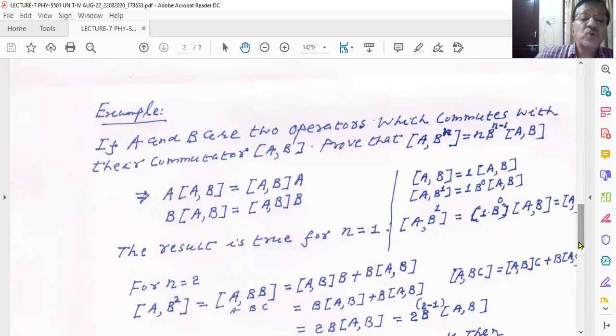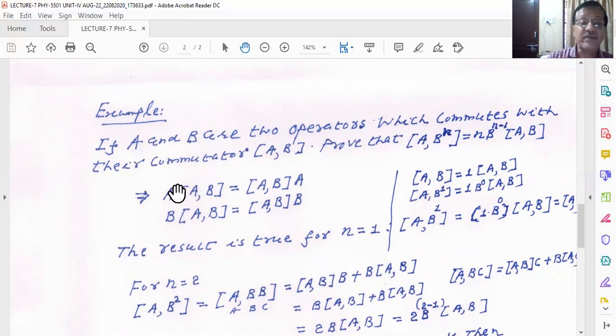And now there is a very interesting example which I want to present. You see, there are two operators here, operator A and operator B. These are operators which commute with their commutator. This is the condition given to you: operators A and B commute with their commutator.